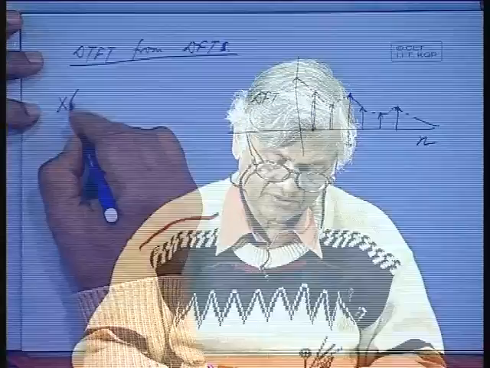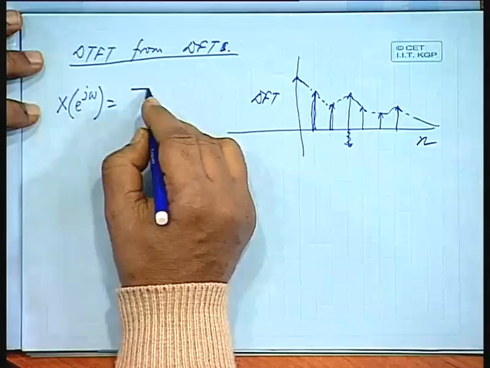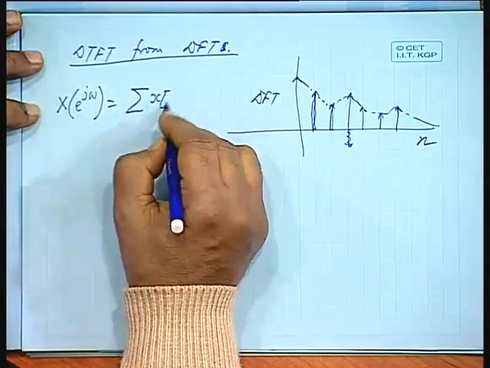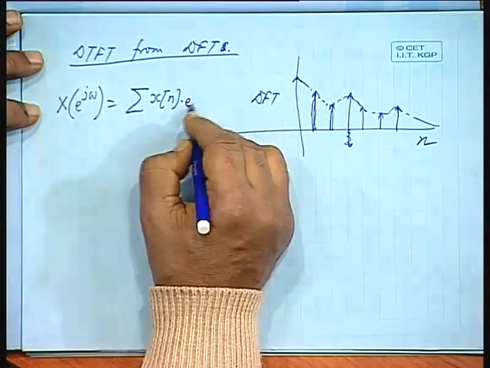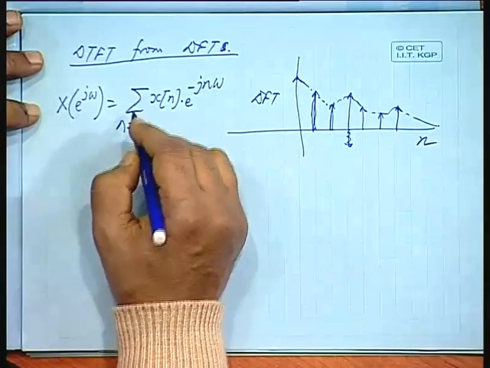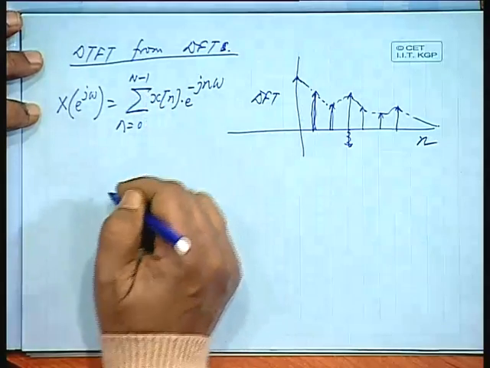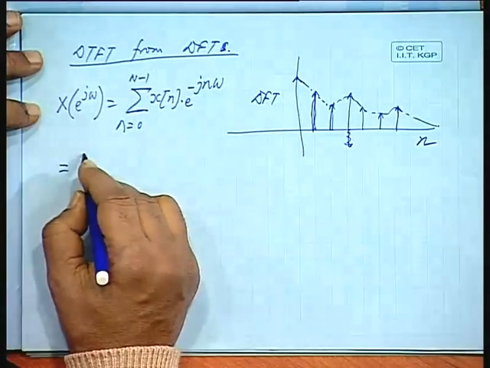Okay. So, we go by this: X(e to the power j omega) is the sum of x[n] e to the power minus j n omega. Okay. And what is x[n]?